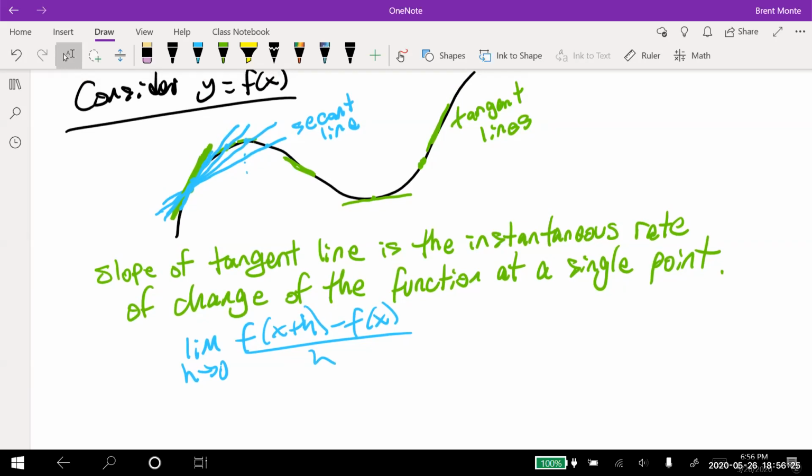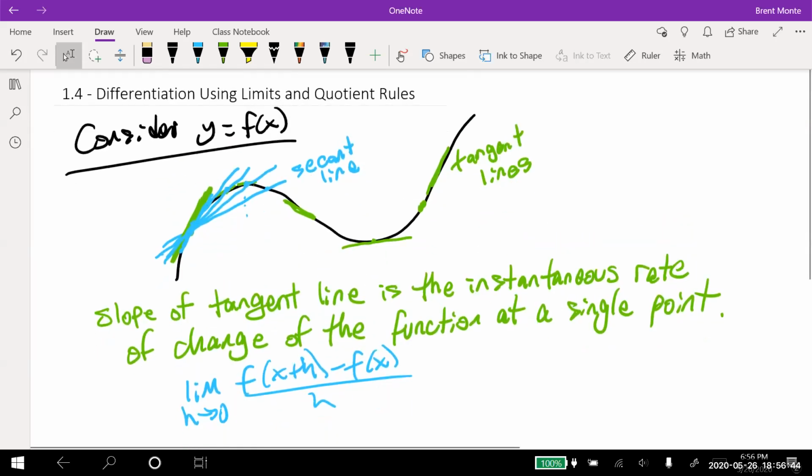Let's look in the book. Too far. It is called, I'll find it eventually, differentiation using limits of difference quotients. I don't know where quotient rules came in. I'm going to change that to limits of difference quotients. Let's just do that right now. That'll be easy enough.